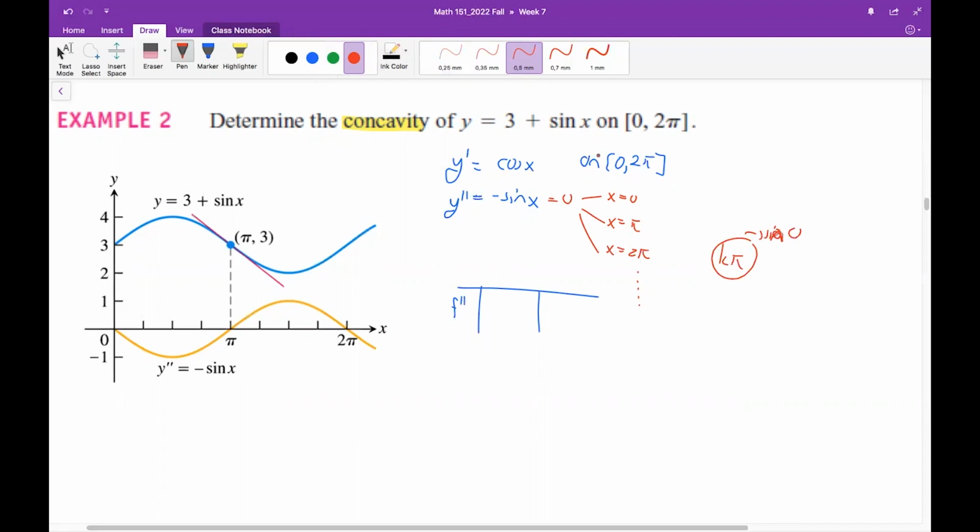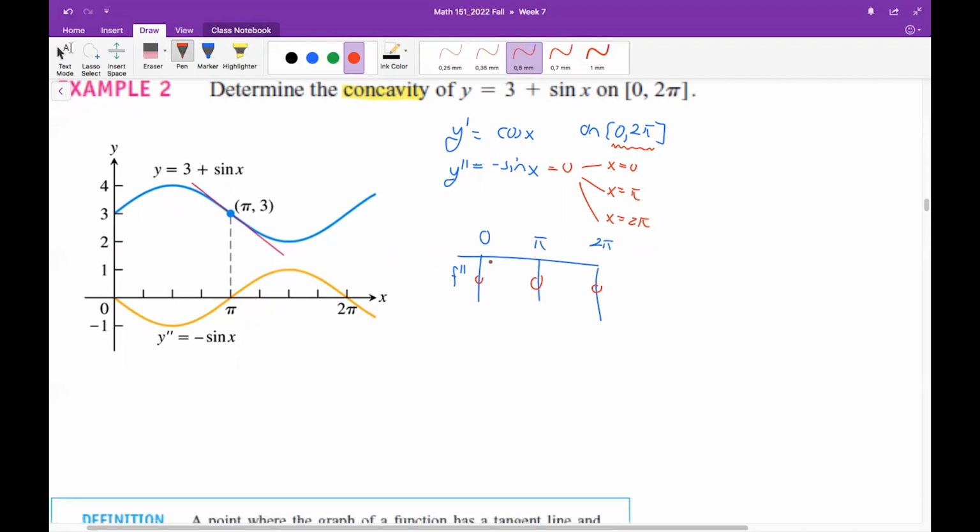But since our interval is a finite, restricted one, we just have 0, pi and 2 pi, which lie in this interval. Okay, then insert them into your table. These are the critical points over this interval: 0, pi, 2 pi. At all those points, the second derivative is 0.